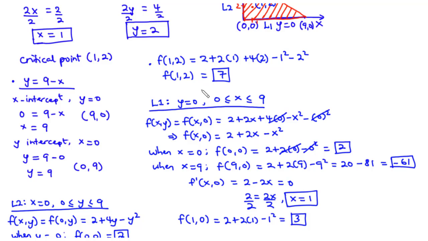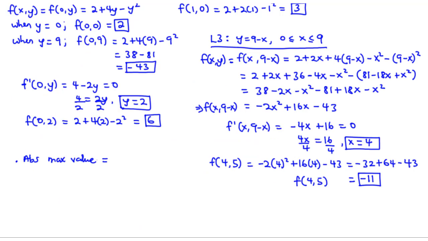So I think this is going to be the highest value. So we have the highest value to be 7. Now if the highest value is 7, then that becomes the absolute maximum value. And notice that this 7 occurs at the critical point, which is the point (1, 2).